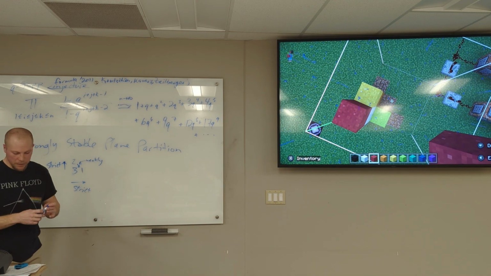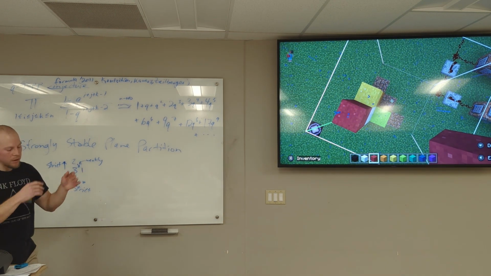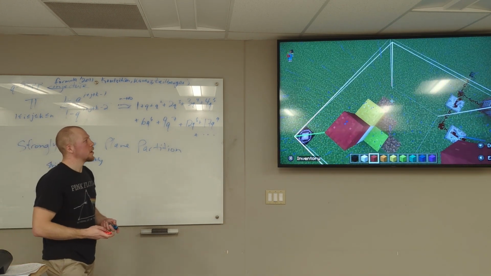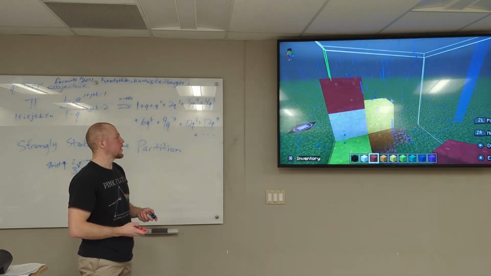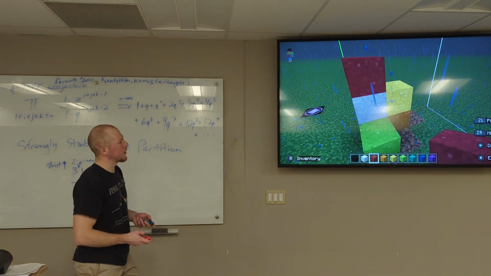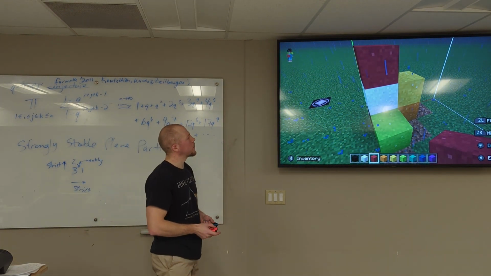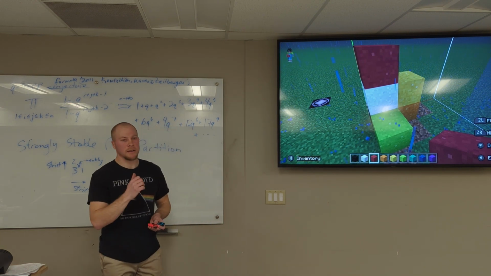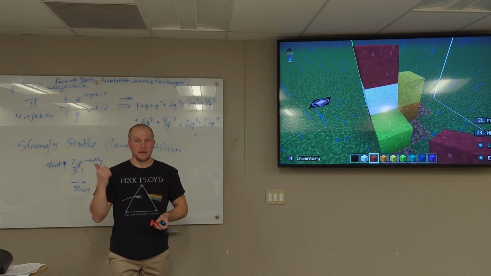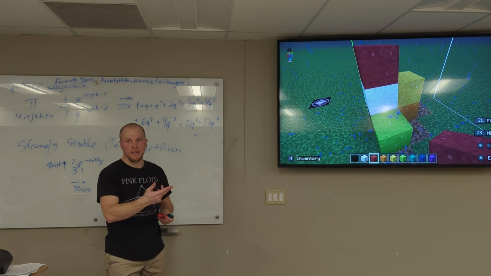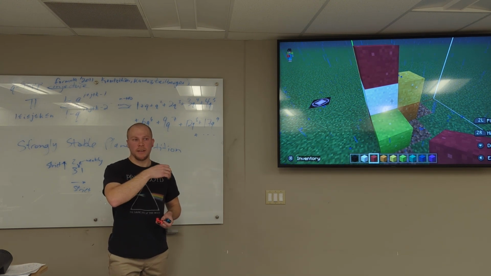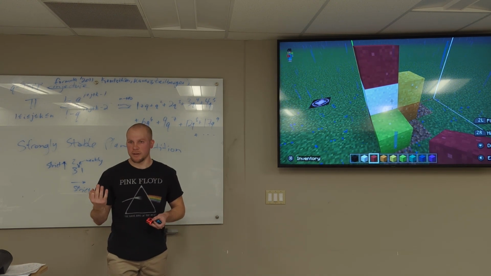When we have the blocks of diagrams here, what that translates to is that if I look at any particular block and count the number of blocks in the x direction, then the y direction, and then the z direction, those 3 numbers are weakly increasing.